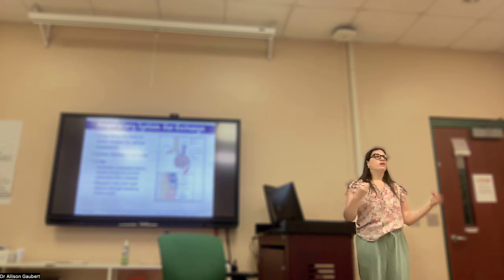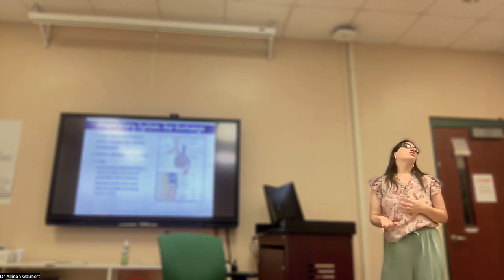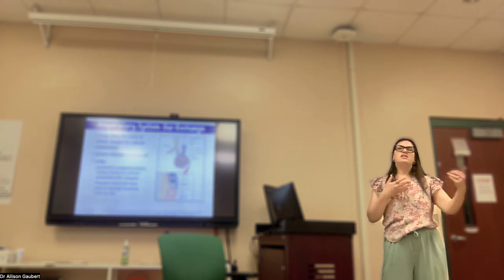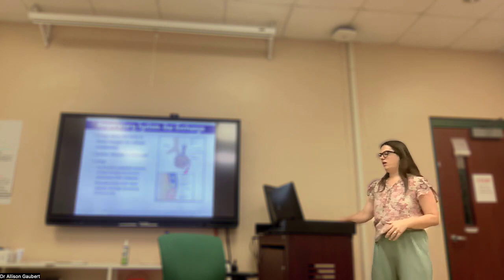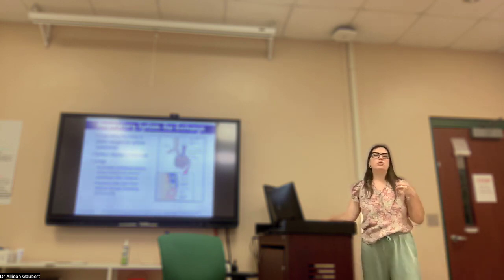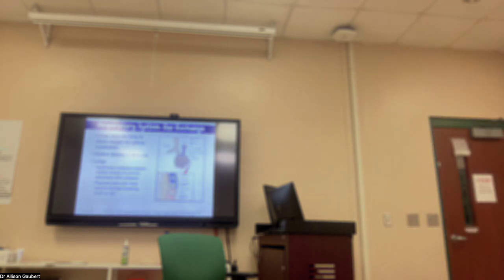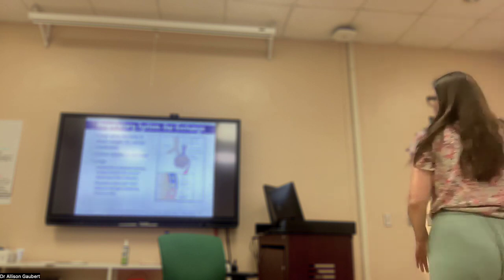Remember, we have respiratory acidosis, respiratory alkalosis, and all of this is also related to the kidneys and bicarbonate. A big function of our respiratory system is the maintenance of acid-base balance. That's an important thing to remember.